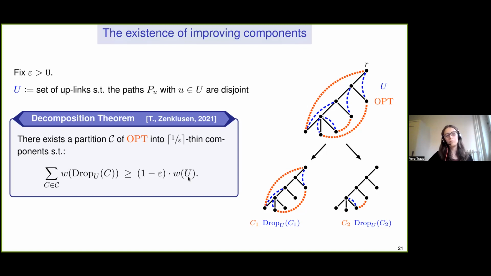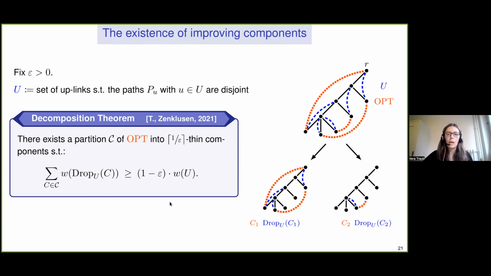And once you have this decomposition theorem, it's not so hard to prove that our relative greedy algorithm has the desired properties, namely that improving components exist. The way you do this is essentially some averaging argument over the components in this partition C. We know that these components in C here are cheap altogether because they form a partition of opt. And we also know that if we sum over all components, the drops are large.